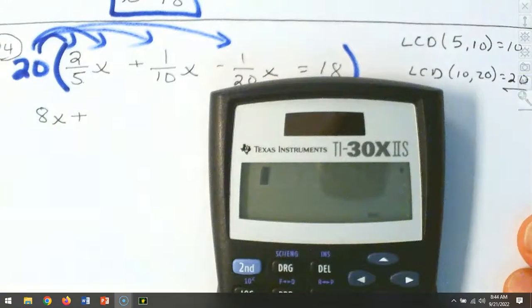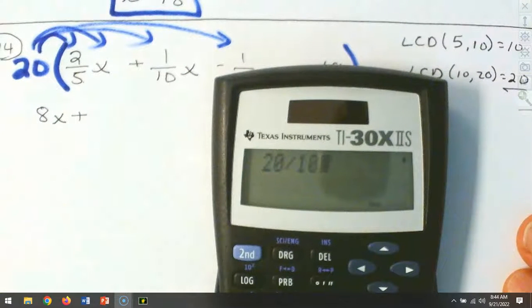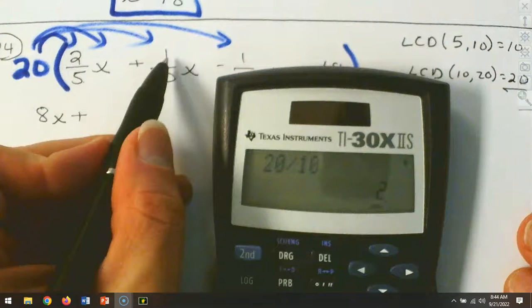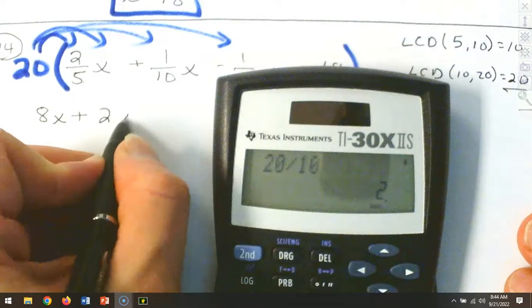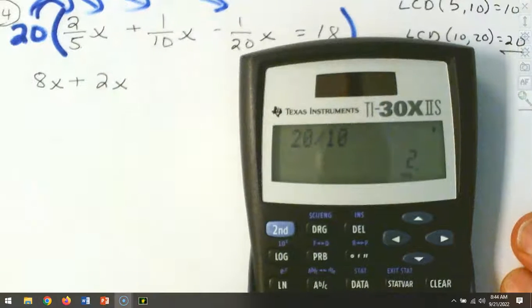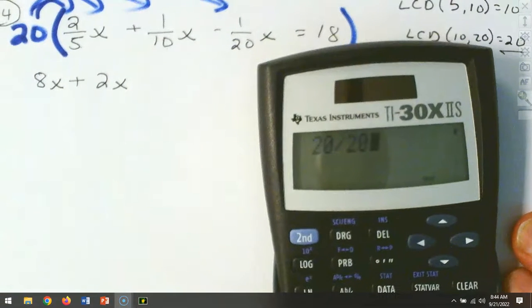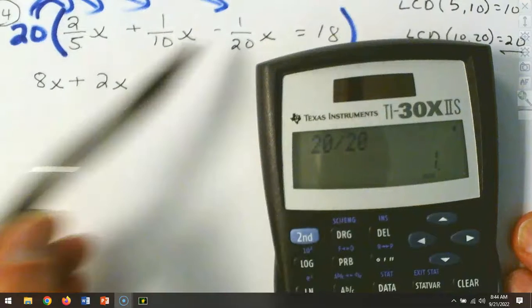What about the next one? 20 divided by the 10, right? That leaves you then with a what? 2 times 1 makes it a 2x. And what about the last one? What happens here? 20 divided by 20, what does that leave you with? 1, yep.